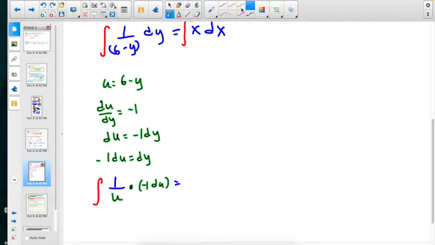Bringing the negative 1 to the outside, we have negative 1 times the integral of 1 over u du. And that equals, on the right-hand side, the antiderivative of x dx. So the antiderivative of x is x squared over 2. And then we're going to put the constant of integration over here.